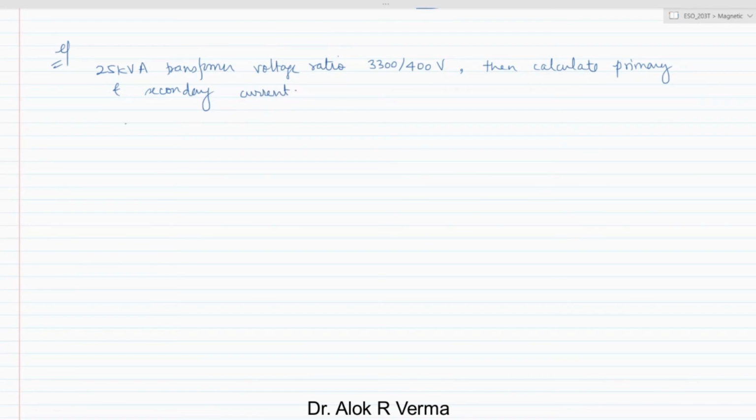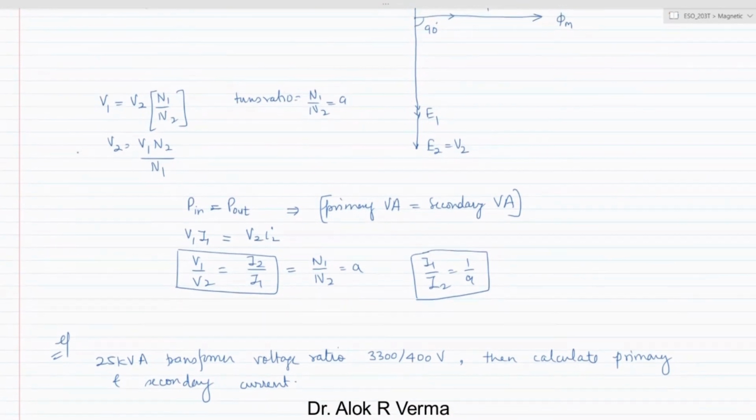From here I would like to mention the transformer specification. The kVA rating is mentioned, then the voltage ratio V1 by V2, which is nothing but primary voltage by secondary voltage.